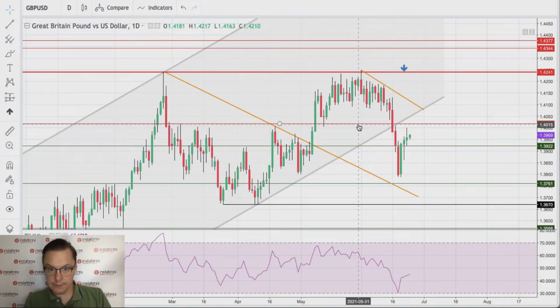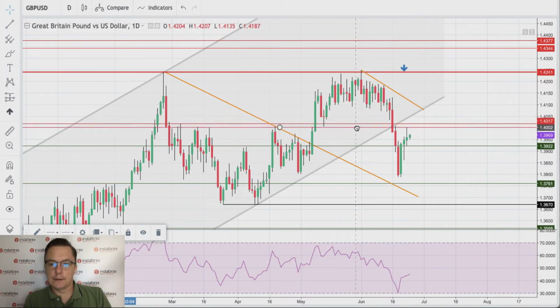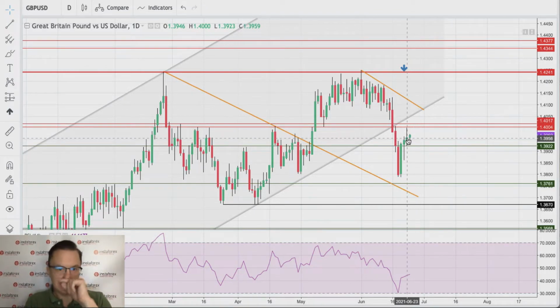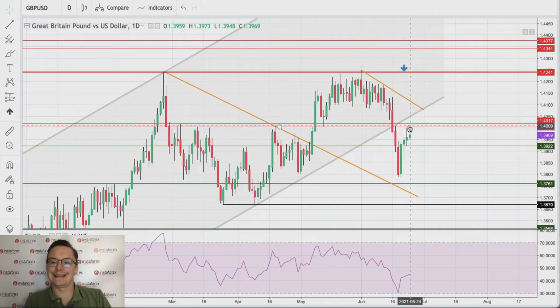I think that this is 1.40. Maybe the market participants want to make some sort of test of this low, the low from the 13th of May 2021. So in that situation, the market has hit this level, 1.40 and 4 pips.